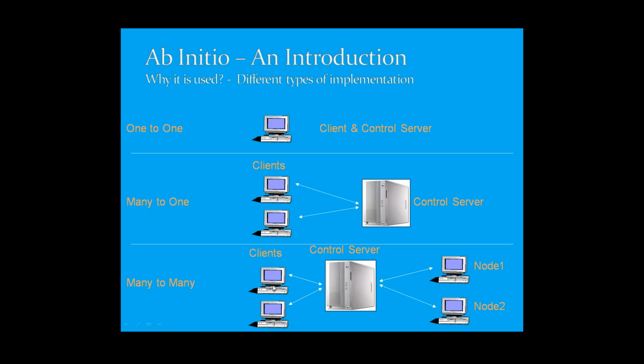Similarly, if you take many-to-many, you can use multiple clients. Each client will contain one graphical development environment, and we have multiple nodes with one control server, right? On each node you can install the Ab Initio co-operating system to run the process in parallel. So this is also supported by Ab Initio.